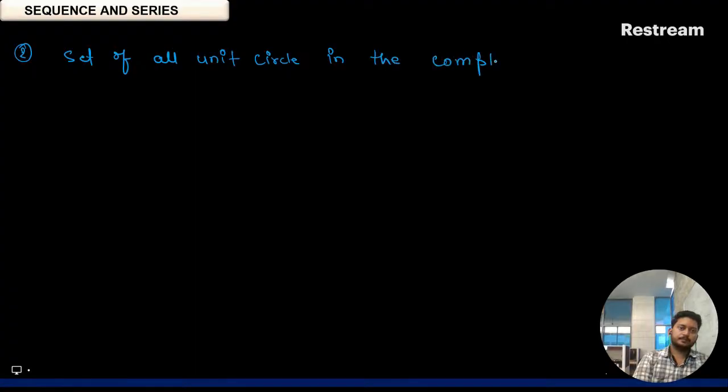Here the second example is the set of all unit circles in the complex plane with center at a rational coordinate.